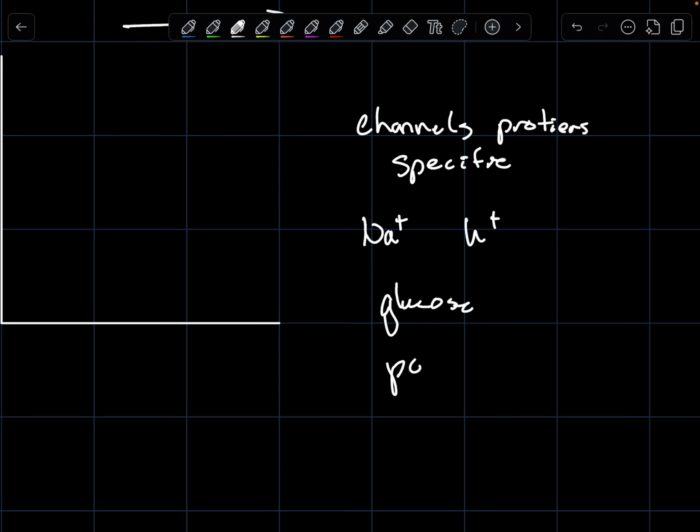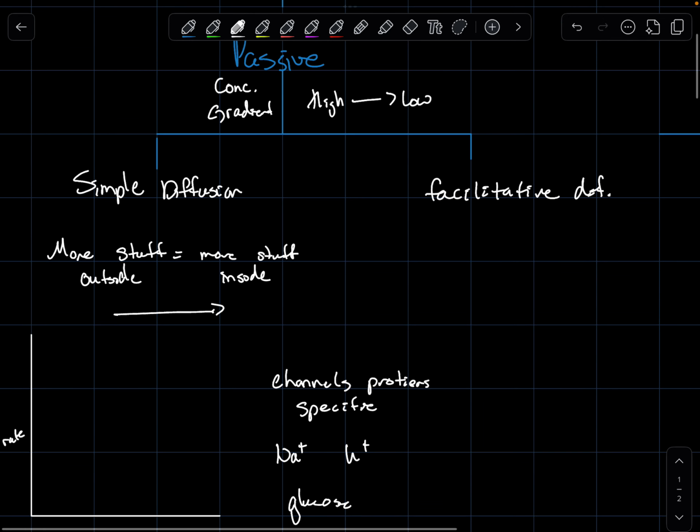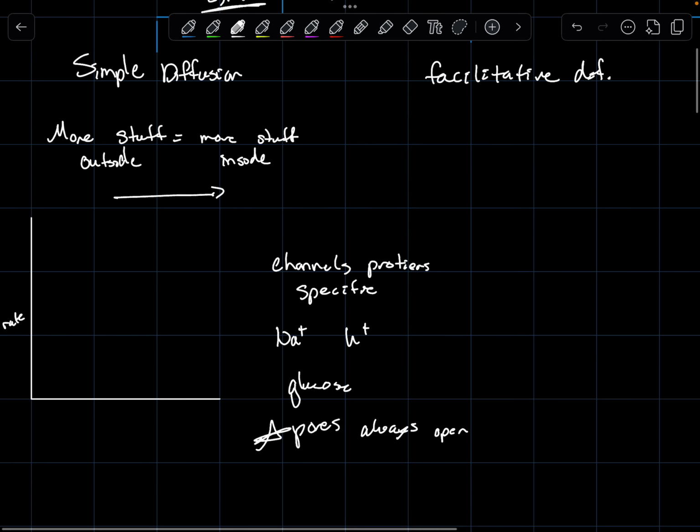Now, these pores are always open. Okay, and so it's just always based off of that concentration gradient, like we said previously. Now, if we look here at the rate, it's going to be constant. The rate is constant with time.